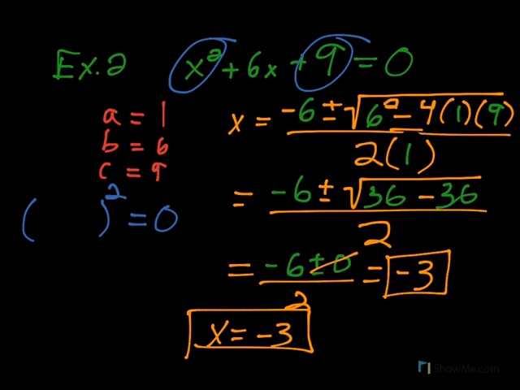The square root of x squared is just x. This is a plus sign, so plus. The square root of 9 is 3. And if I solve for this, I will have to take the square root on both sides. So I'm going to get that x plus 3 equals 0. So then x equals negative 3.